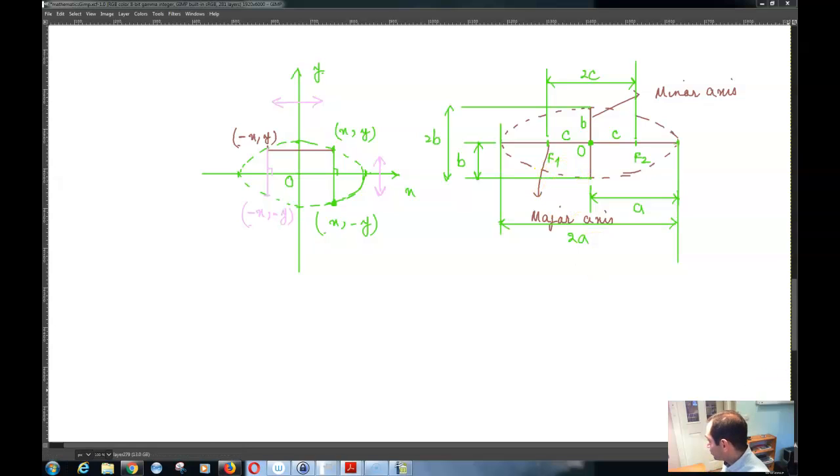Now, there is some relationship between these distances.